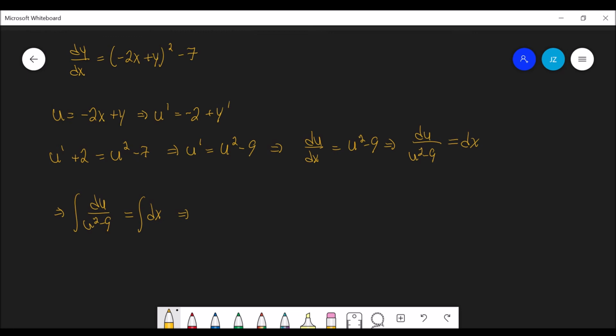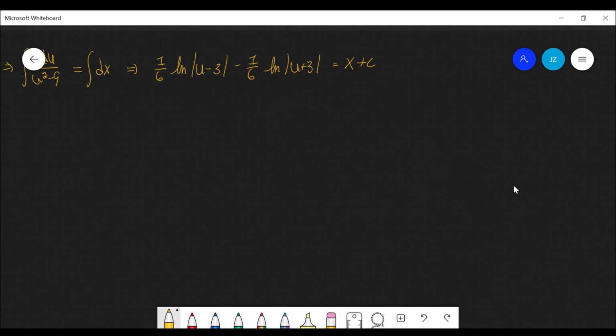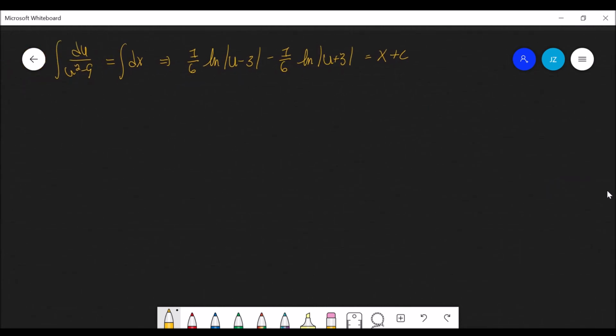Evaluating that integral on the left will give a sixth natural log of the absolute value of u minus 3 minus a sixth natural log of the absolute value of u plus 3. And then, of course, this will equal x plus a constant. We can rewrite this as a sixth natural log of the absolute value of u minus 3 over u plus 3.